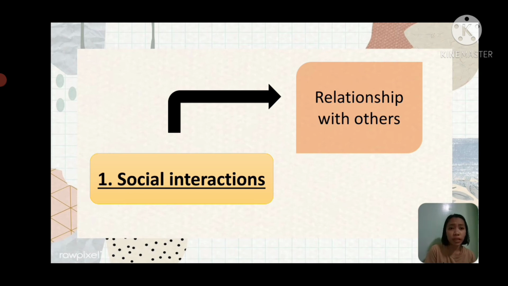For example, group dynamics, group work, and group tasks. Those three examples have the opportunity to collaborate and interact with others. That's what social interaction means.